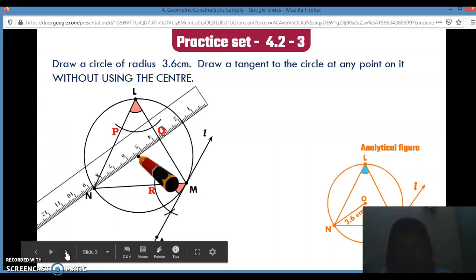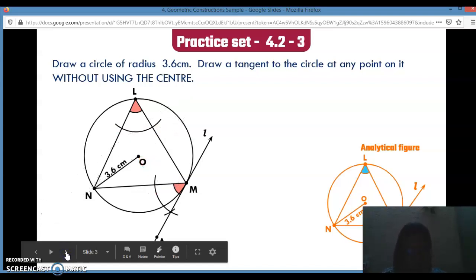Just for the sake of understanding, you will draw a radius 3.6 centimeter, and you will just write the measurement of that radius. So this is my tangent which I have drawn it without using the center.